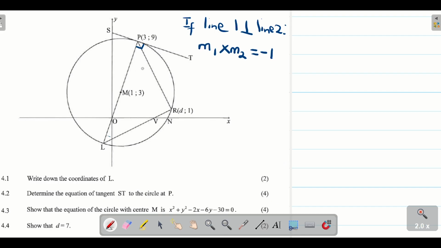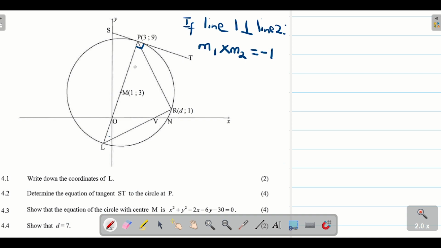Why am I saying this? The tangent and the radius of a circle are always perpendicular to each other. So they will always meet at 90 degrees. Whenever you have a radius and the tangent meeting, you can assume that the product of their gradients will give you negative 1.